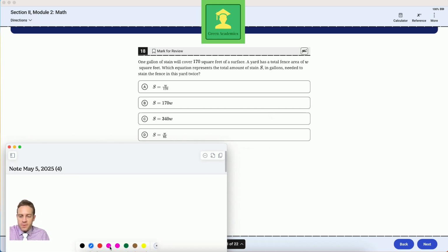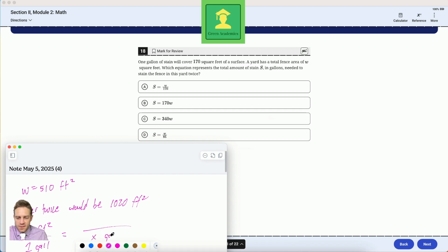So suppose that W was an easy multiple of 170, like 510. Now, in order to cover twice would be 1,020 square feet if this was 510 square feet. So if I go to set up the proportion, it would be 170 square feet needs 1 gallon. Then always make sure to write the actual unit.